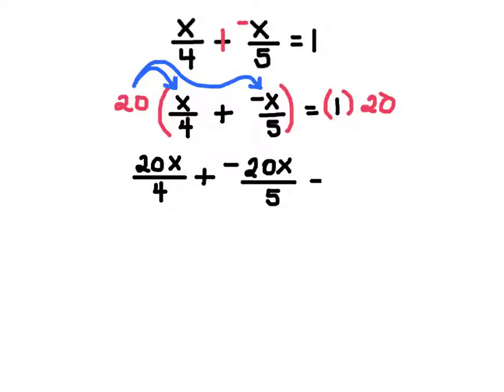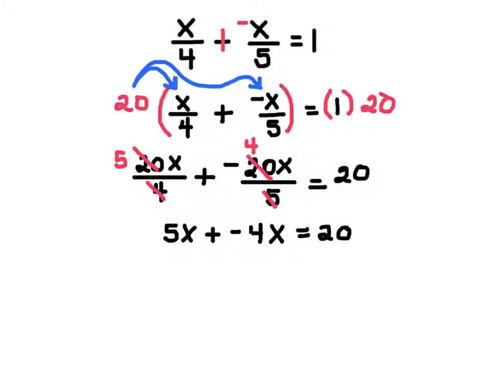Then on the right-hand side, 1 times 20 is 20. Now if we look at the first term on the left, 20 divided by 4 is 5. 20 divided by 5 is 4. So what we have on the left-hand side is 5x plus a negative 4x is equal to 20.